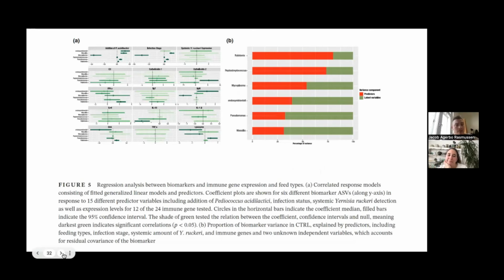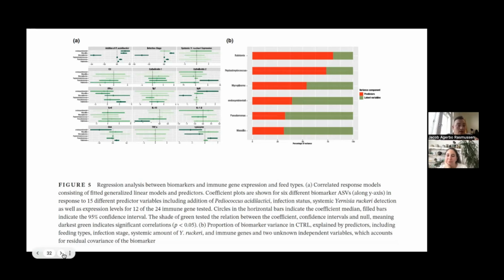We saw, also as the first study showed, that addition of this bacterium called Pediococcus acidilactici, that's the probiotic, affects the microbiome. But we also saw that the infection stage, so whether it's infected or not, also does it.